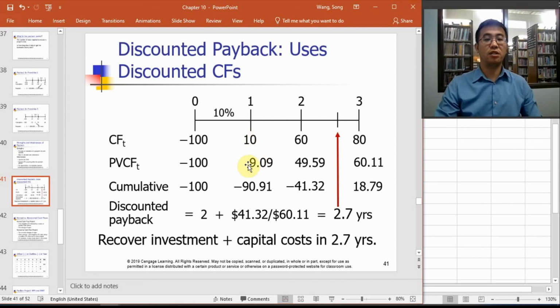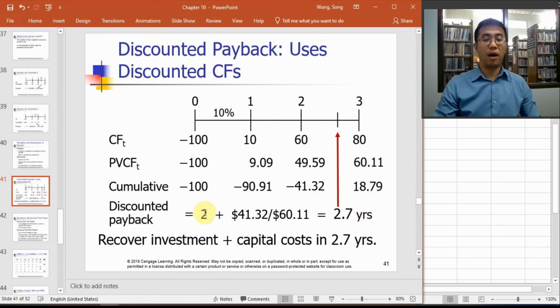You see $10 discounted to 9.09, $60 discounted to 49.59, and so on and so forth. And then I will do the same thing, calculate the remaining balance after each year. I incorporate the new cash flow added to the ending balance at the beginning of each year, and then use the same procedure to solve for the payback period.